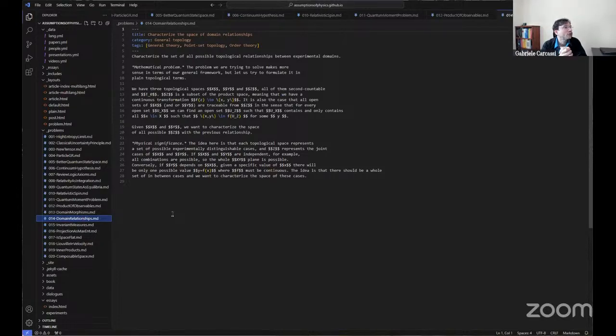The problem we're trying to solve makes more sense in terms of our general framework, but let's try to formulate it in plain topological terms. We have three topological spaces, X, Y, and Z, all of them second countable and T0.